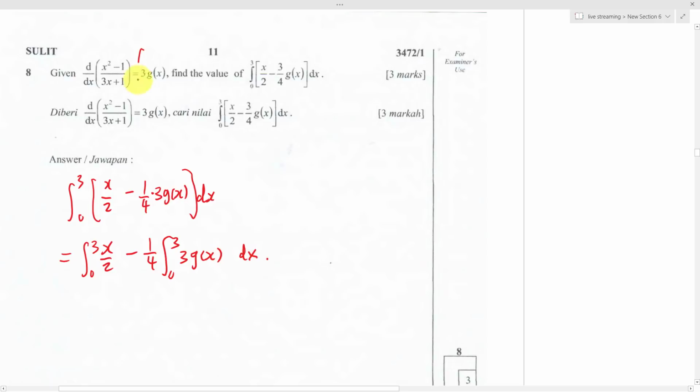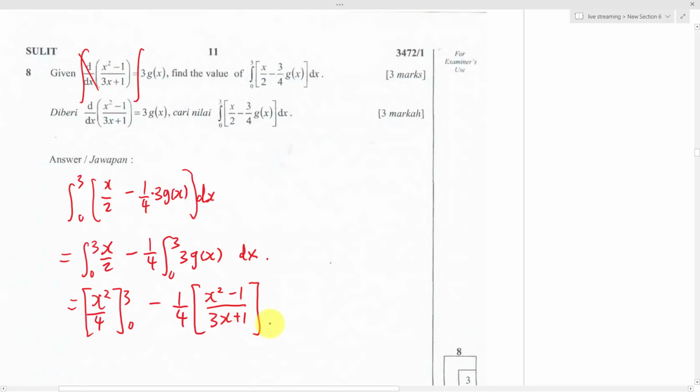When I integrate the 3g(x), integrating the derivative I can simplify it. Integrating x over 2 is just x squared over 4, from 0 to 3, minus the 1 over 4 here. If I integrate 3g(x), I get back exactly the same thing, which is x squared minus 1 over 3x plus 1, from 0 to 3.